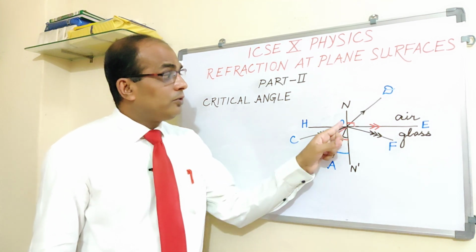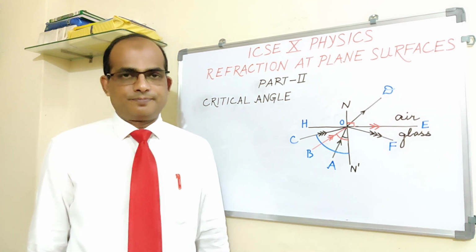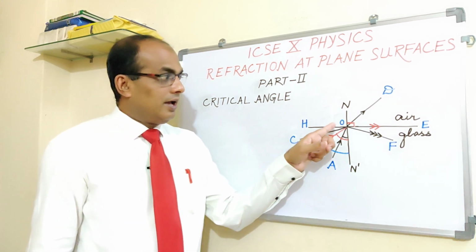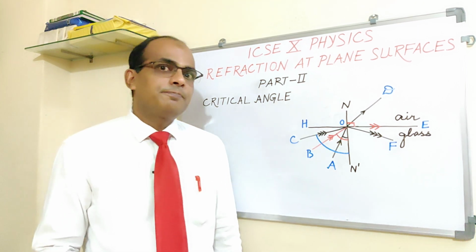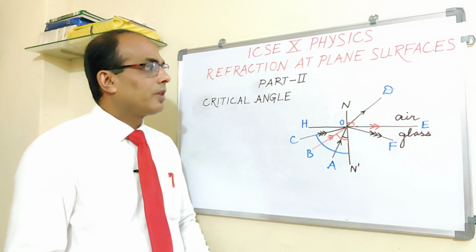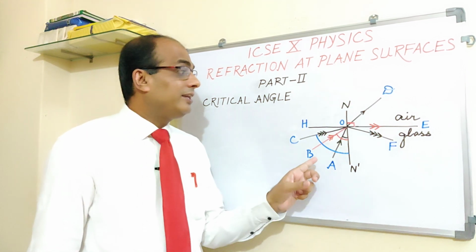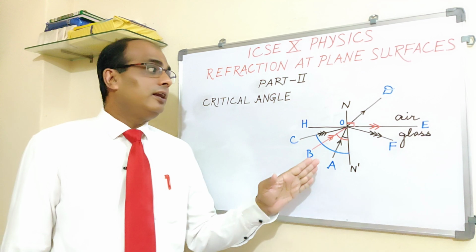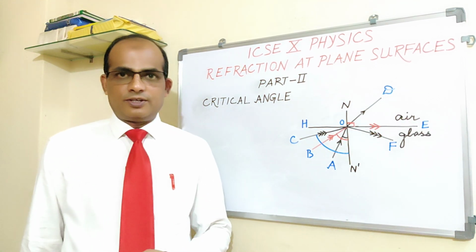Now from A to O, it travels in the denser medium. Now at O, it has to suffer refraction because both the mediums are transparent. And now the AO has to travel from denser medium to rarer medium, so it will suffer refraction.